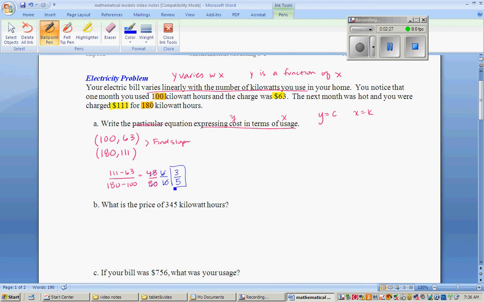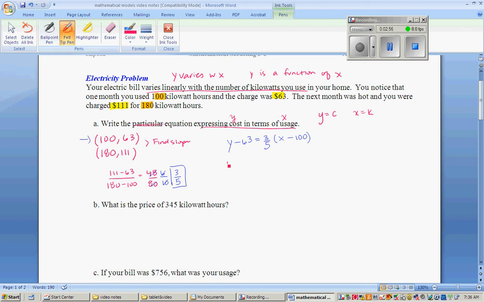So now let's plug it into our equation. I'm going to choose the 100 and the 63 because 100 is an easy number to work with. Y minus 63 is going to equal 3/5 times x minus 100. And conveniently, this 3/5 will cancel with the 100, so we're going to have a great time converting this.